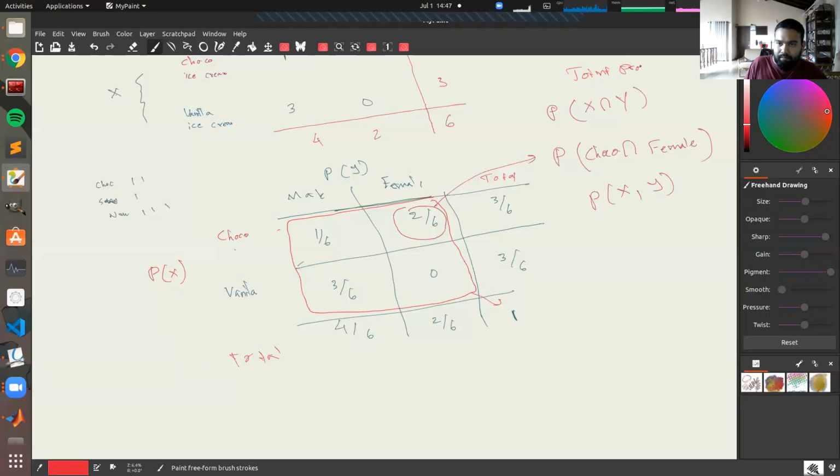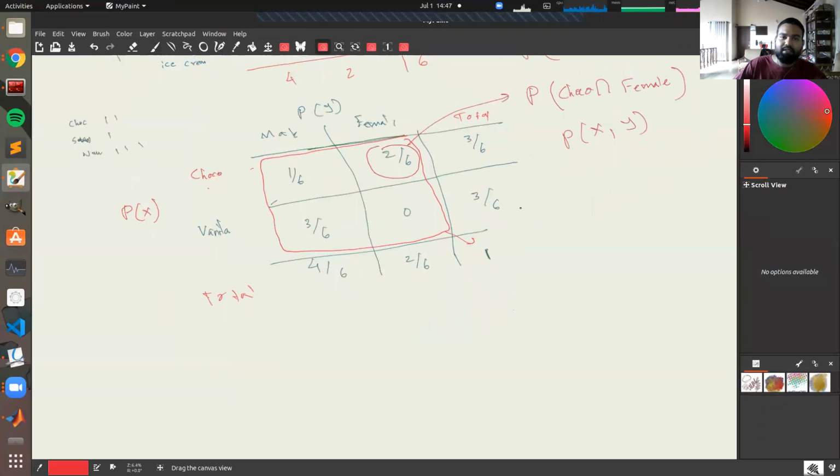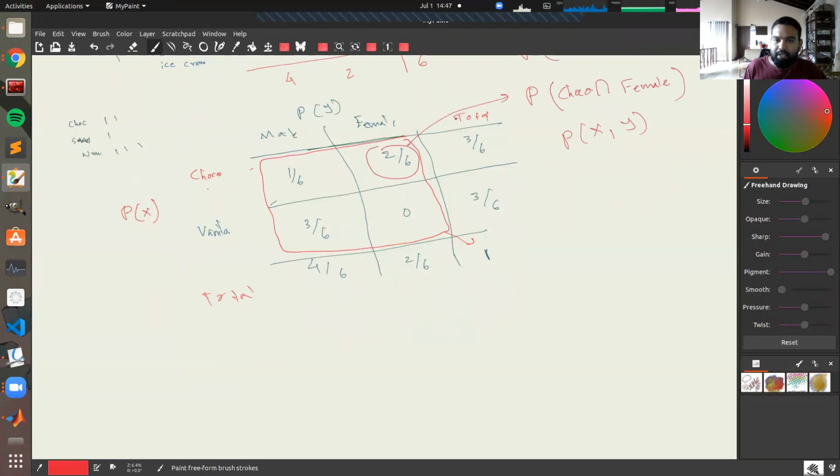The next thing we need to understand is this column here. If I take this column, this is also a probability distribution. It's essentially P(X), the probability of ice cream, whether someone likes chocolate ice cream or vanilla ice cream.